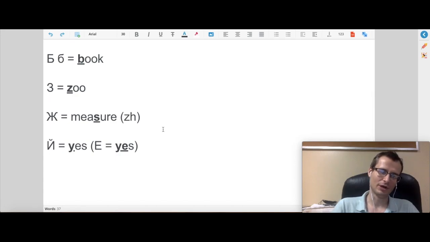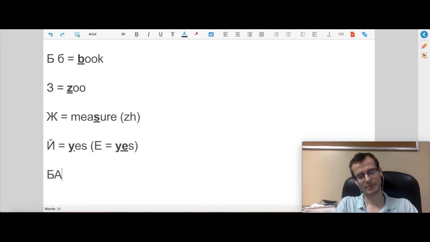Okay, well, the break is over, so let's go back to our letters, and let's have some practice. So once again, to remind you, B, Z, Z, Y. Okay, so let's do some syllables. How about this one?